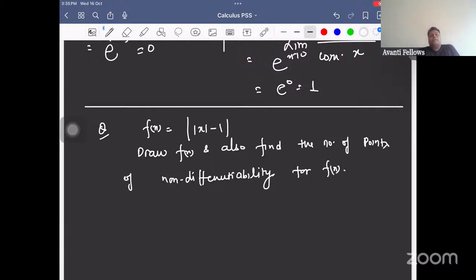Alright, give it a try. For the number of points of non-differentiability, you reply in the chat box. Yes, quick.